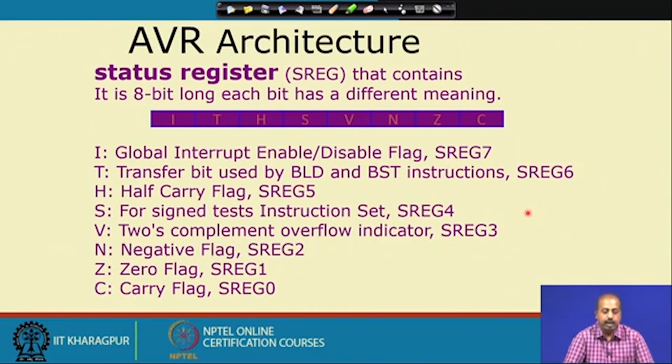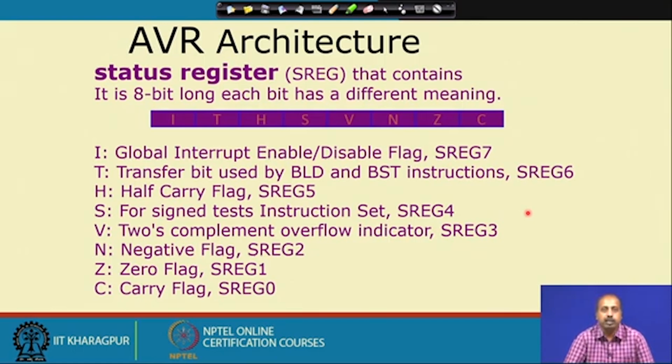Then H is the half carry flag. Half carry flag is basically that auxiliary carry sort of thing. Whenever there is a carry generated in the middle, like if it is an 8 bit operation, from the 3rd bit to the 4th bit, then this half carry bit will be set. Then there is the S bit, for the signed test instruction set.